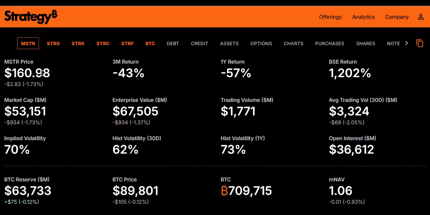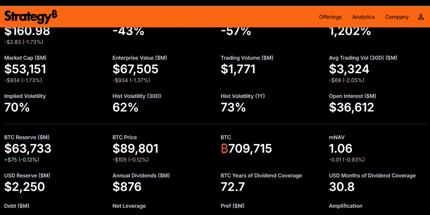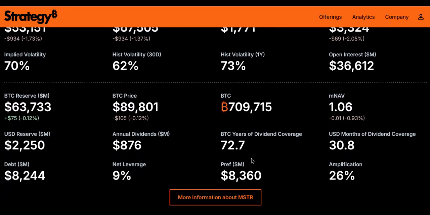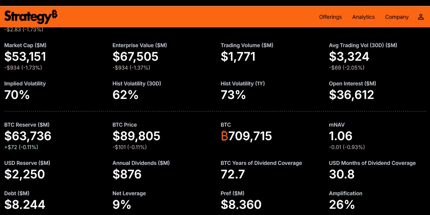The price is 160, market cap is about 53 billion, and Bitcoin reserves are now 63 million, and the debt of the company is only about 8.2 billion. Enterprise value is now 67,000. Trading volume is about 771. Volatility is still high, at 62%.